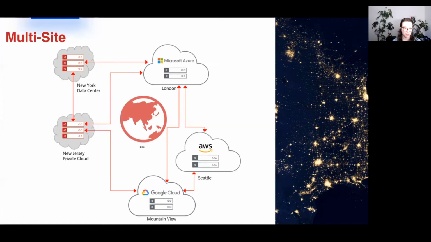Multi-site is a setup where the nodes comprising a single cluster are distributed across sites. It can be a physical rack in a data center, an entire data center, an availability zone in a cloud region, or others. Basically, the cluster is stretched across regions and cloud providers, and it expands horizontally.